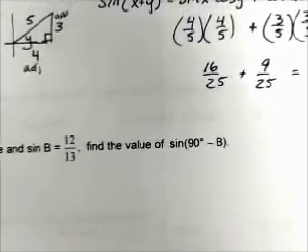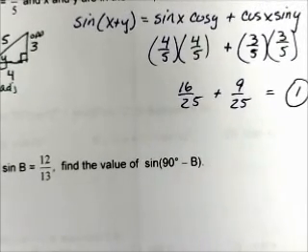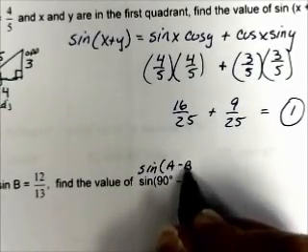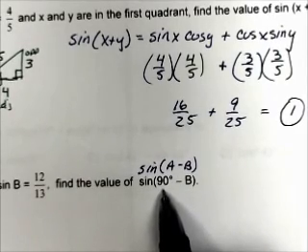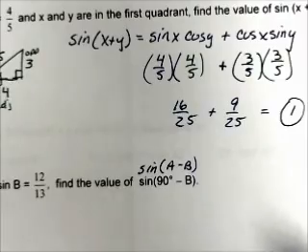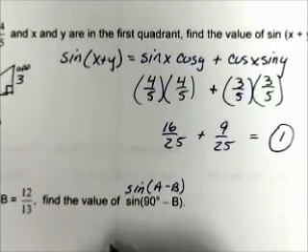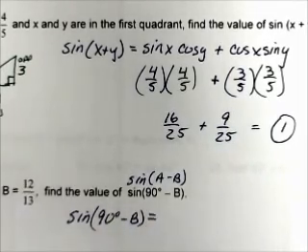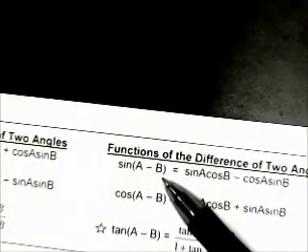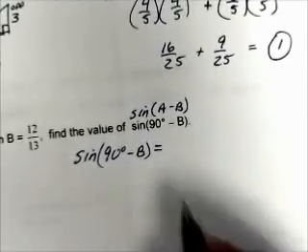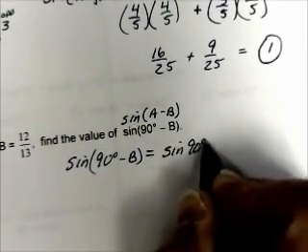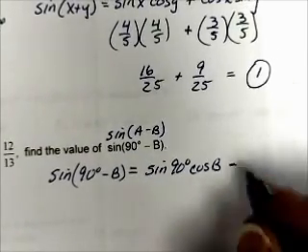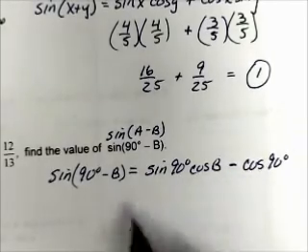Find the value of sine of 90 minus B. Okay, the value of sine of 90 minus B, this is sine of A minus B, so we're looking at that formula, and we'll replace A with 90 degrees, and B would remain B. So the sine of 90 minus B is going to equal sine A cosine B minus cosine A sine B. So sine 90 cosine B minus cosine 90 times sine B.